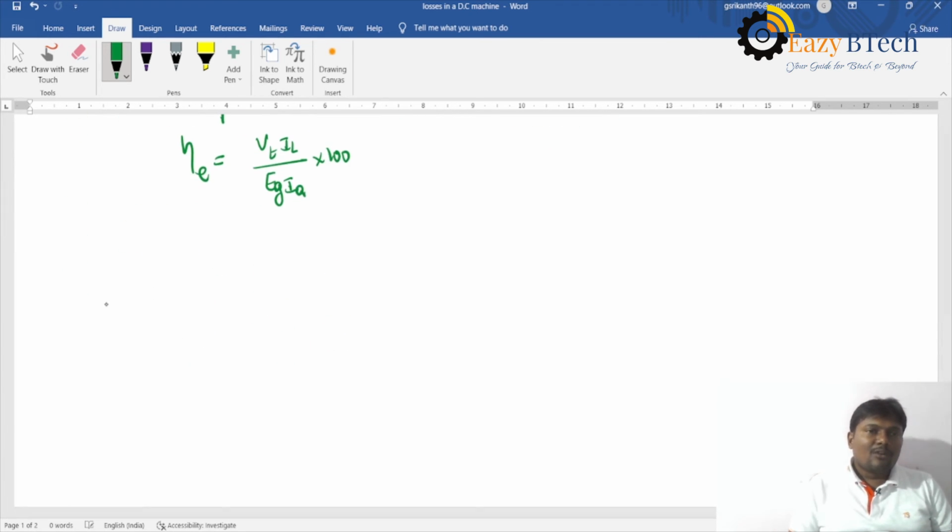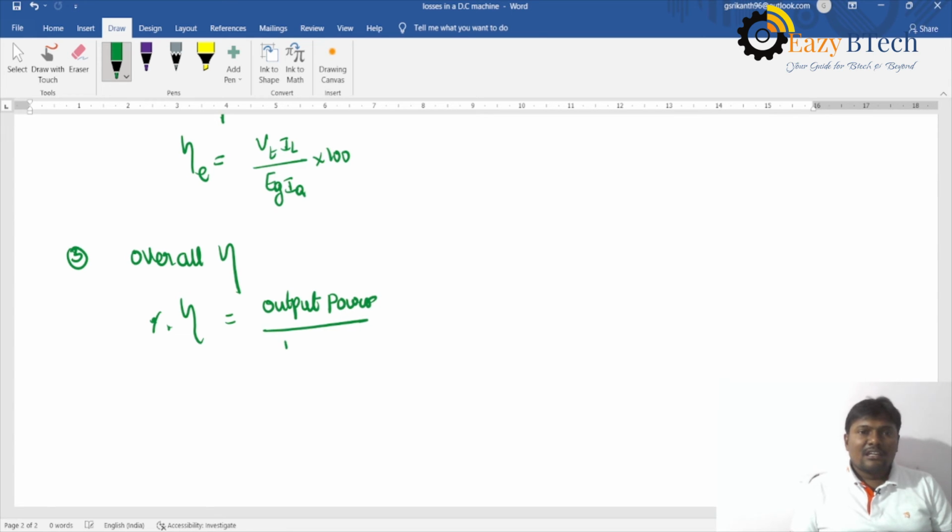If you go for the overall efficiency, percentage efficiency is equal to output power divided by input power multiplied with 100. The output power is Vt into IL, divided by input power Pin, into 100.